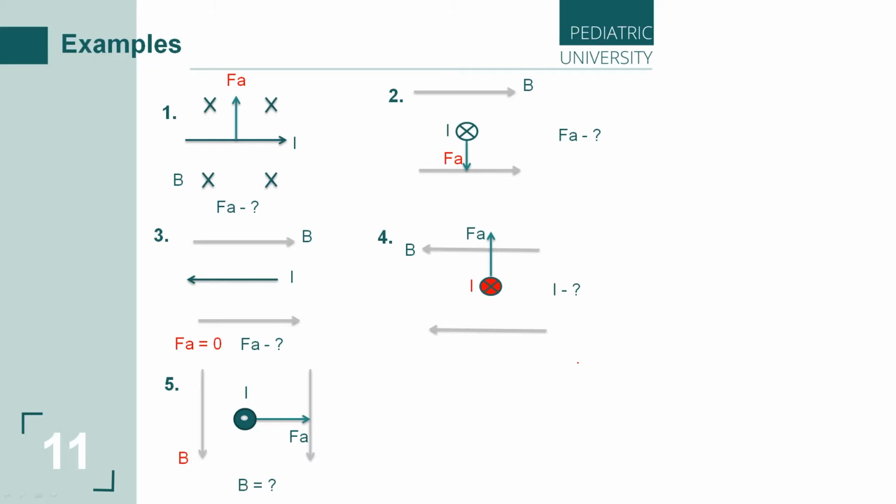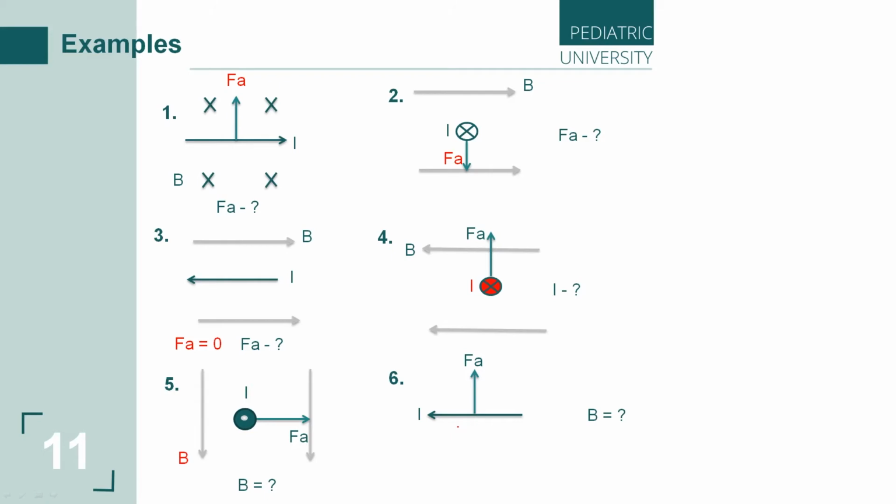And the last example is to determine the direction of the magnetic induction lines if it's known that the Ampere force is directed upwards and the current is directed to the left.